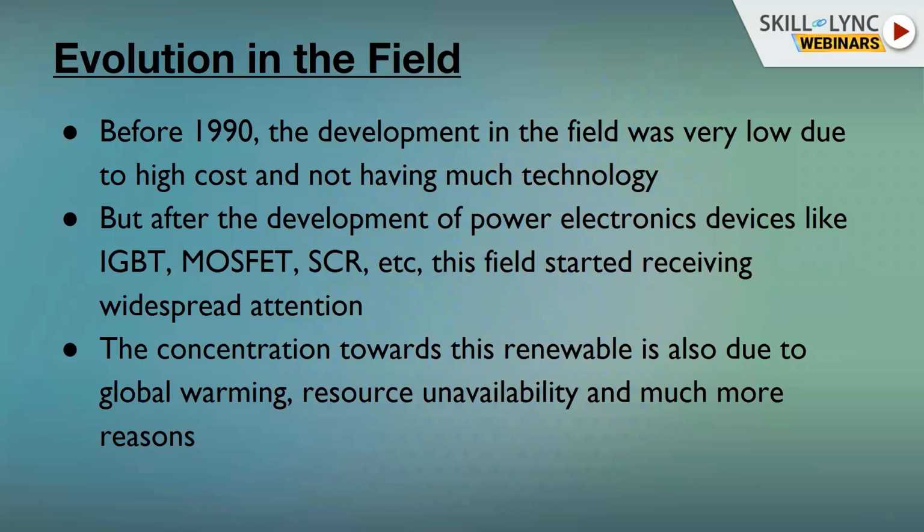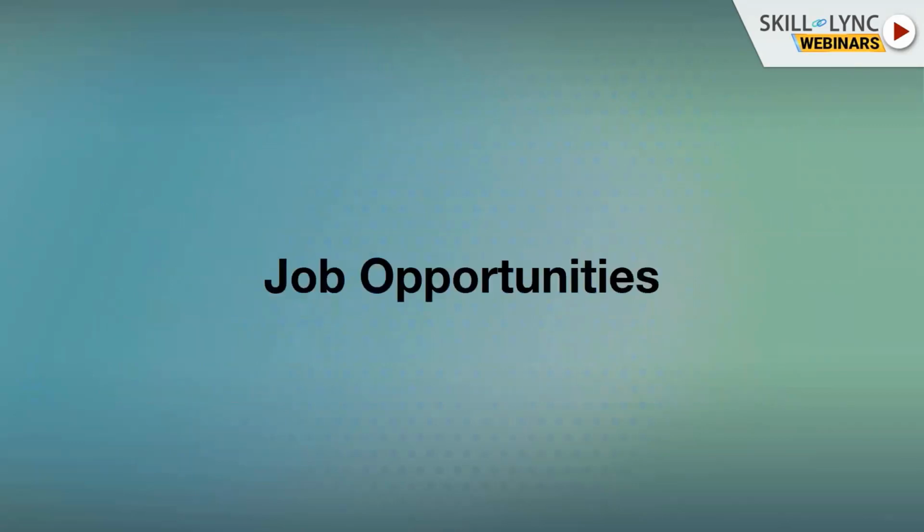The concentration on renewable energy is due to various factors like global warming, and resources like coal, natural gas, oil and other non-renewable energy sources are not available enough right now. That's why they are going for renewable energy sources.